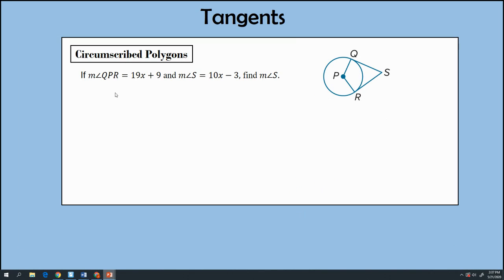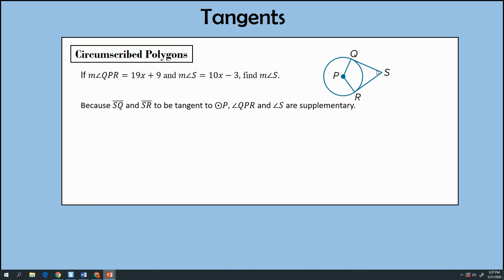Okay, so look at an application of this. Here they're going to tell us that the measure of QPR, this central angle, has a measure of 19x plus 9, and the measure of angle S out here, the circumscribed angle, is 10x minus 3. Well, what do we know? We know since SQ and SR are tangent to the circle, that this central angle and the circumscribed angle have to be supplementary.